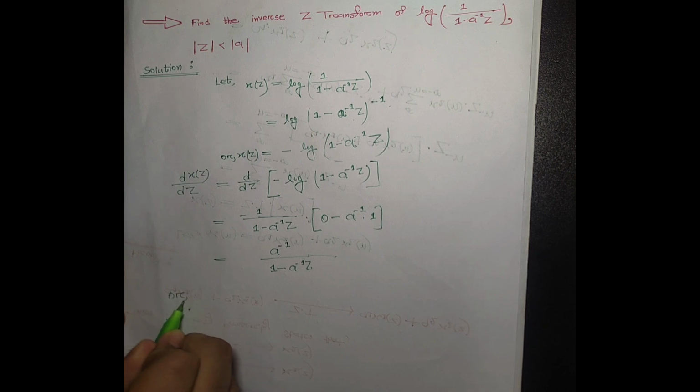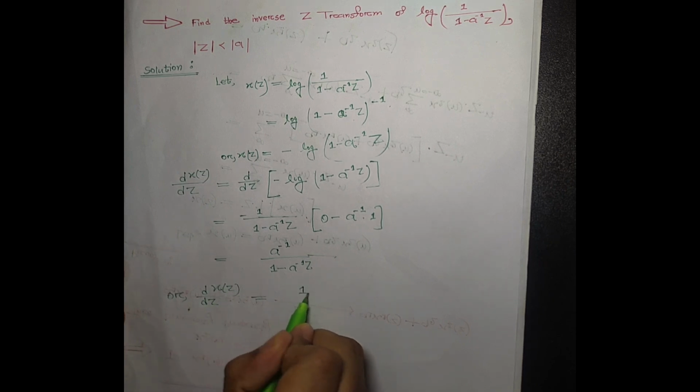Or d/dz of X of z equal to 1 by A minus z.